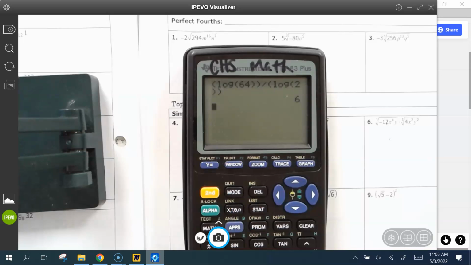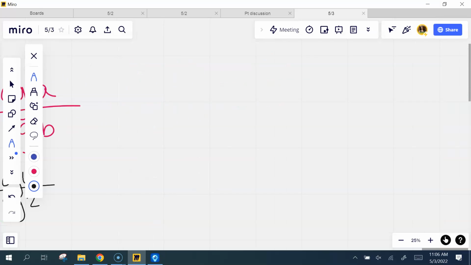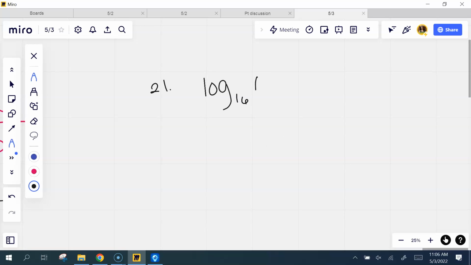So the reason this is convenient is because all logs are not perfect numbers, right? Sometimes we can't just evaluate in our head like we've been doing. Like number 21. 21 says the log base 16 of 64. Well, that's kind of hard, right? I don't know what I can raise 16 to get 64. And I might could change the bases and get these both to be a base of 2, but we'll get into all that later.